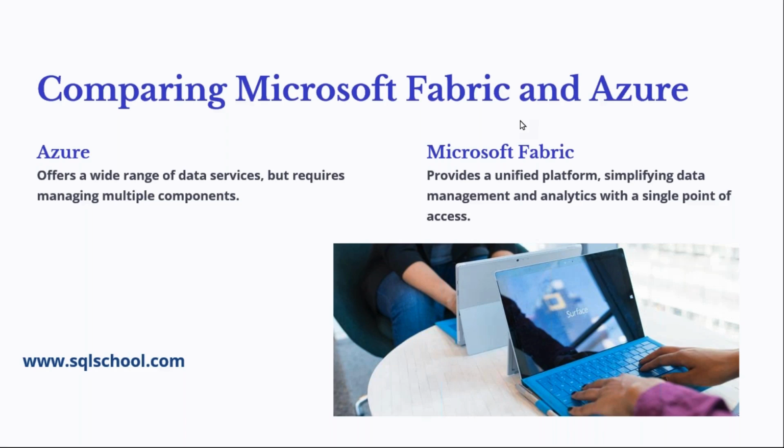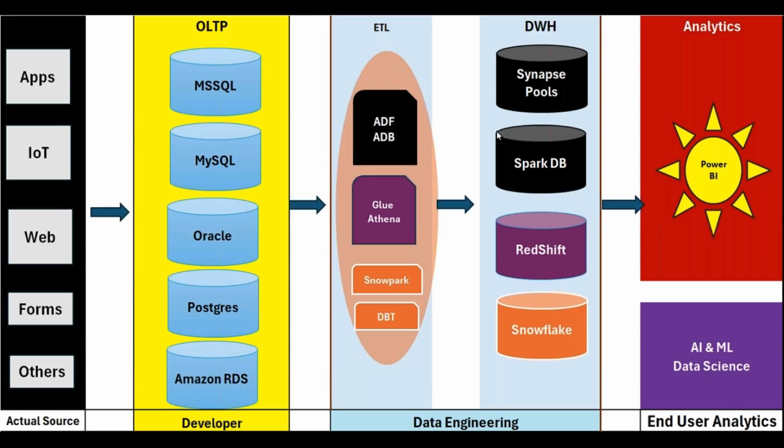Back again to the earlier diagram, I need to keep in mind the working professionals in engineering as well as a starter who needs to love big data products like Fabric and Azure and AWS. So I need to come back to the diagram and let's be clear.